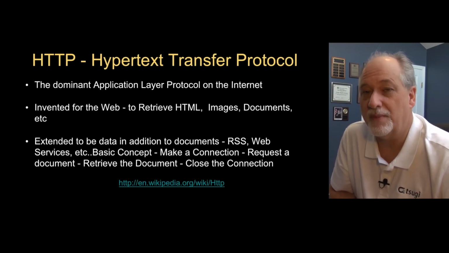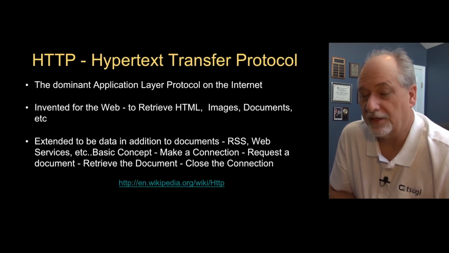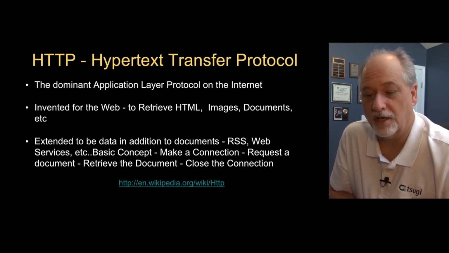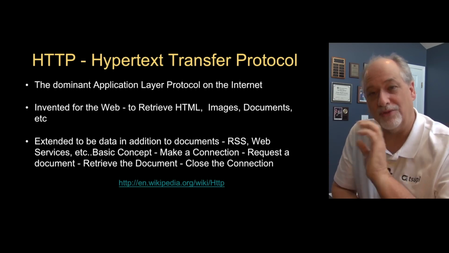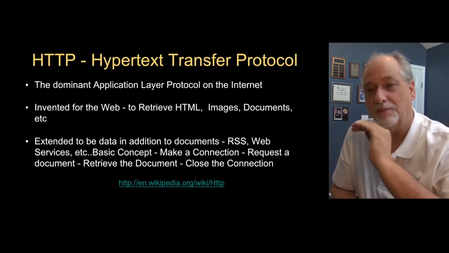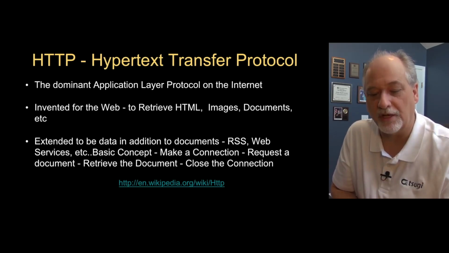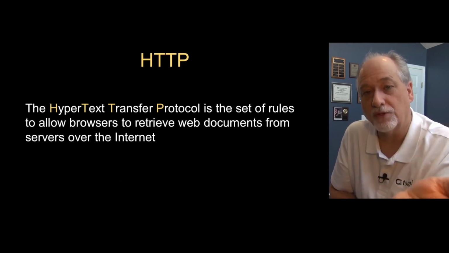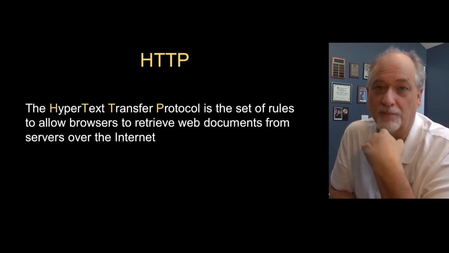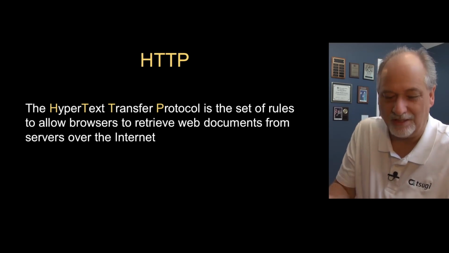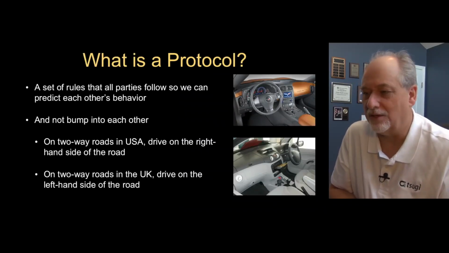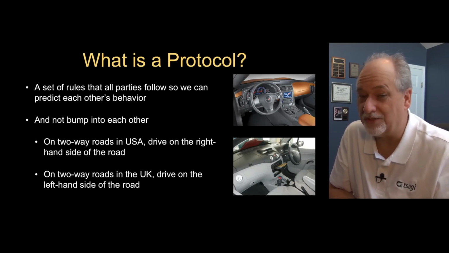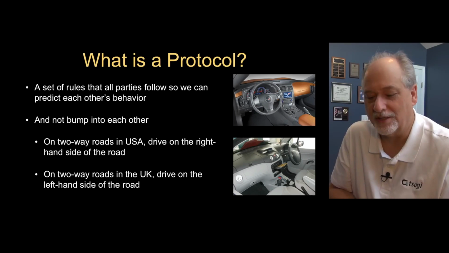But realize that there are many others like mail and file transfer and remote login and all kinds of other protocols. Each is a different application protocol. They all use sockets at their lower level. But then on top of that, they layer the rules of the road for retrieving hypertext web pages. And we have used these for all kinds of other things. So the protocol is like who answers the phone first, what do they say, what happens if the person doesn't answer, can you hear me now, those kinds of things.